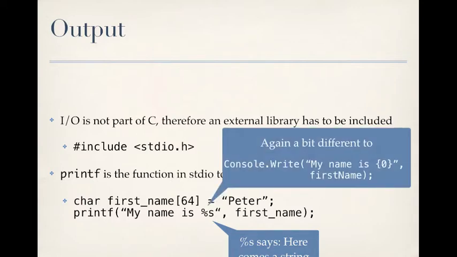Again, recall and remember how this would be in C#. Here we would write Console.Write my name is, and here we again have something like format strings, but the specification of the variable parts is a bit different.